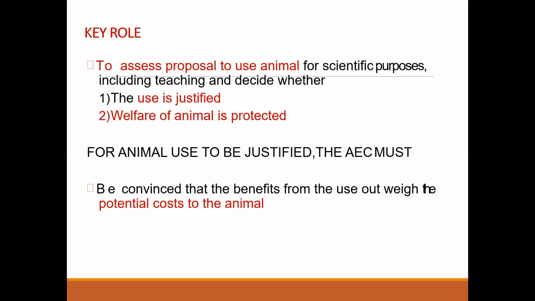You procure the animals from other sources, then maintain the animals and provide different food materials to them. So some maintenance cost is required, and that cost is also incurred in the cost of every test, right? So these are the aspects.